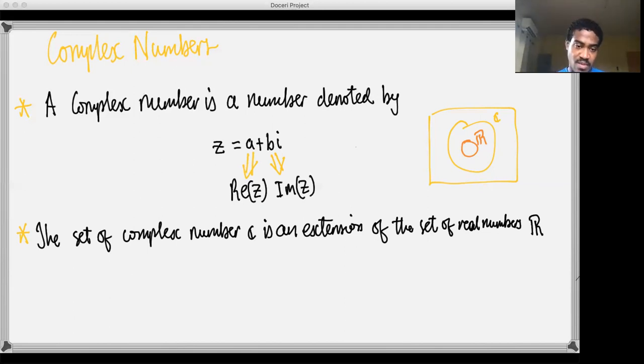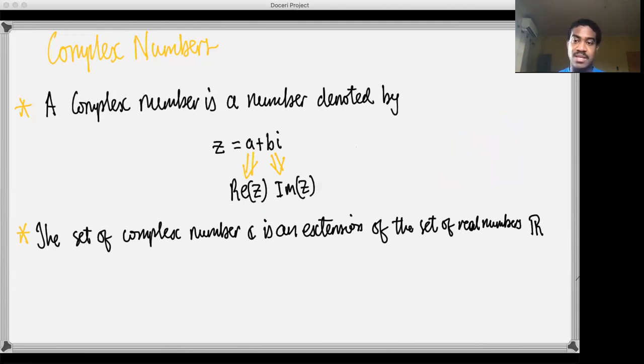So that's key. That's basically what we're saying. You're seeing that extension. The set of complex numbers is an extension of the set of real numbers. So that's the next point to note about the system of complex numbers.